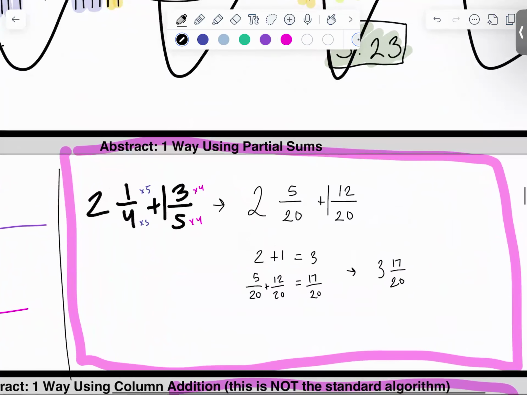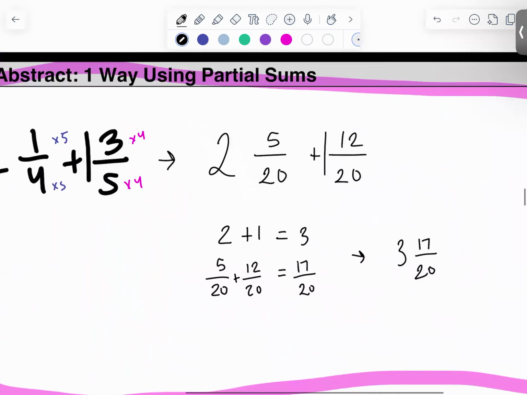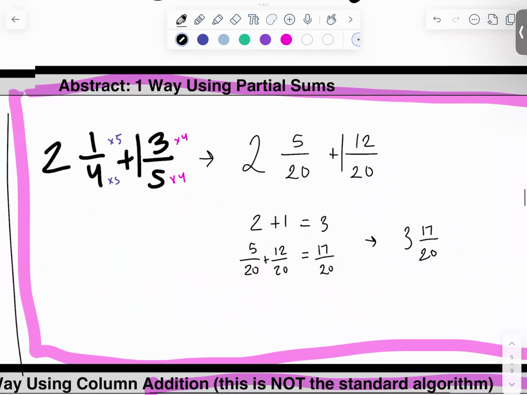And then I started with my whole numbers, added them together, and then added my fractions together, and then added everything at the end to get 3 and 17/20.